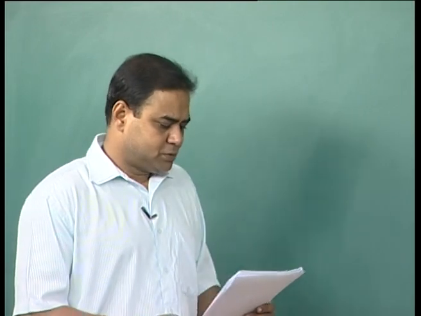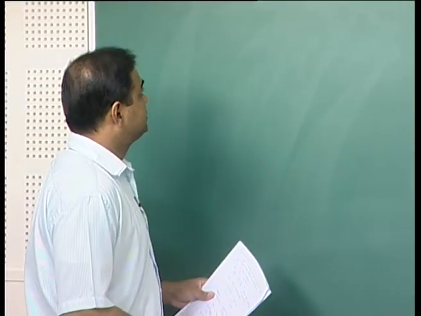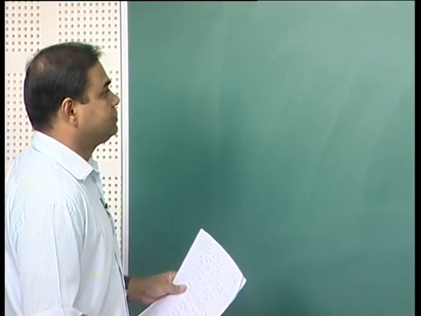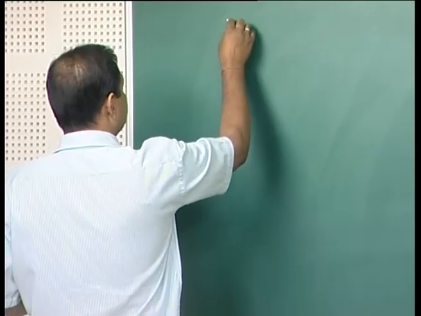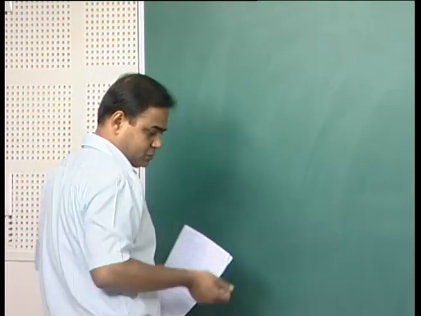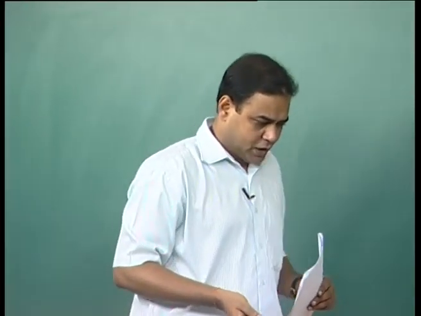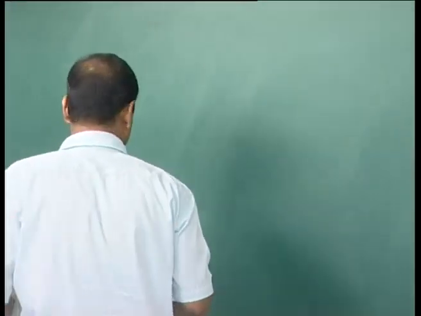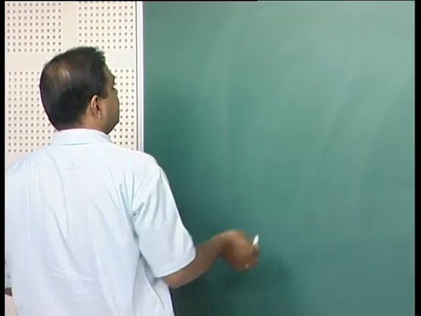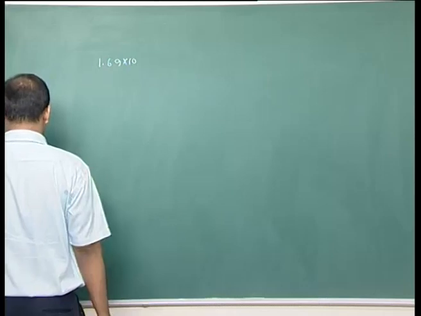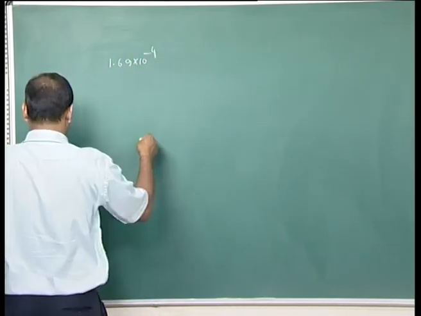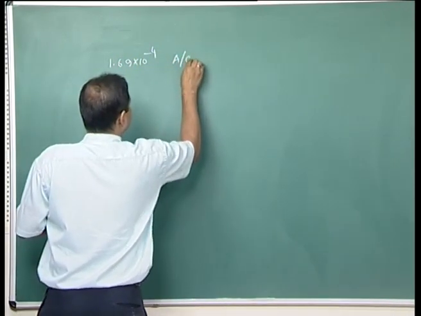Let us continue with the problem that we started solving in the previous lecture. The problem says that the current density, or i_corr, for corrosion of iron is 1.69 into 10 to the power minus 4 ampere per centimeter square.